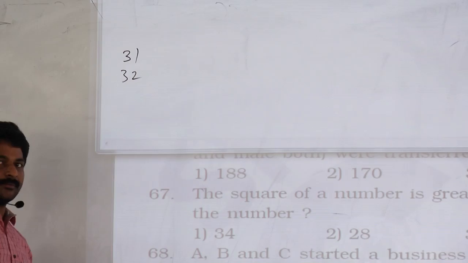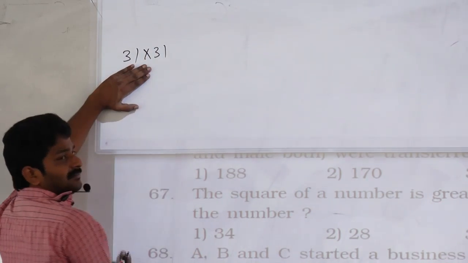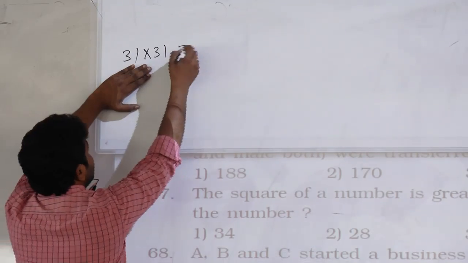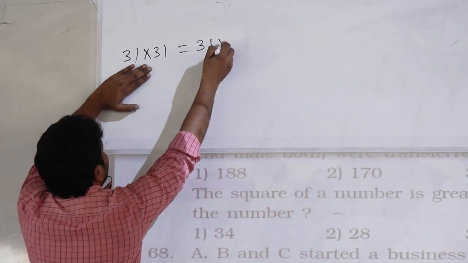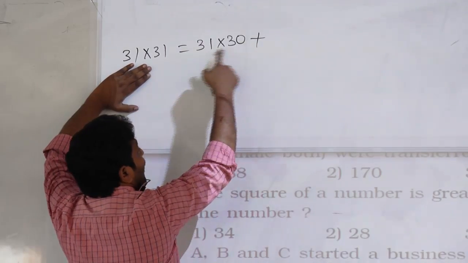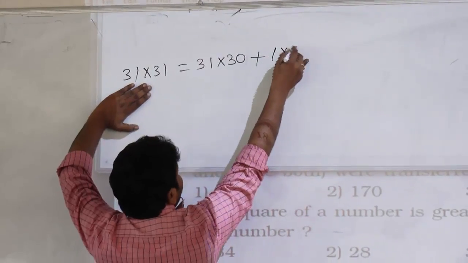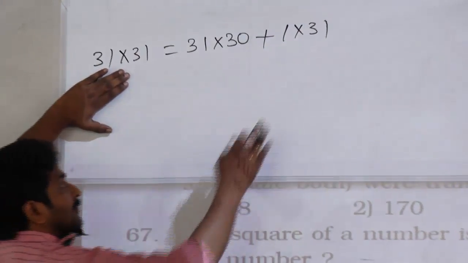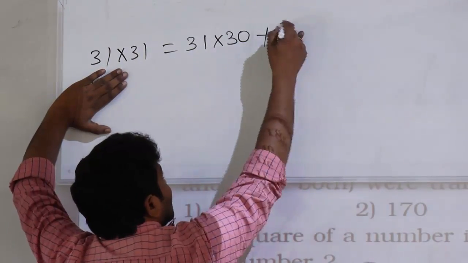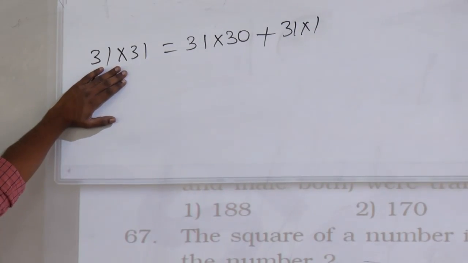Wait a minute. If this is your number, the square of this number is 31, 30 times plus how many times of 31 will be there? 1 time of 31. 31 one time only. Yes or no? Correct?